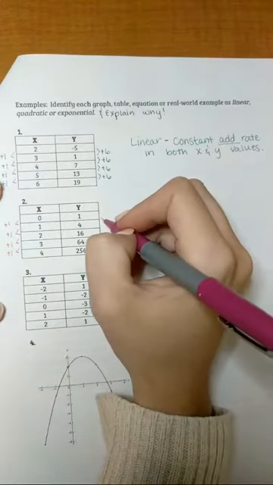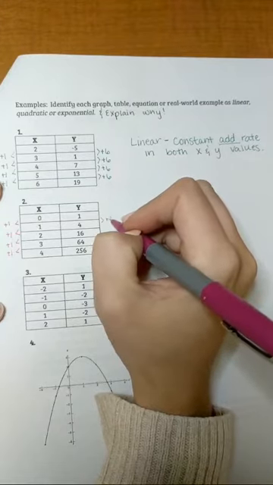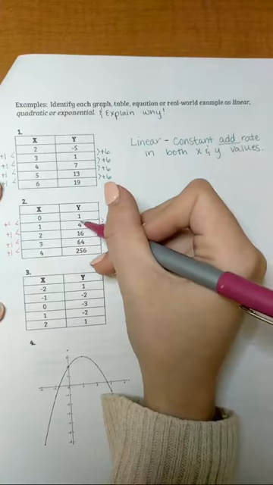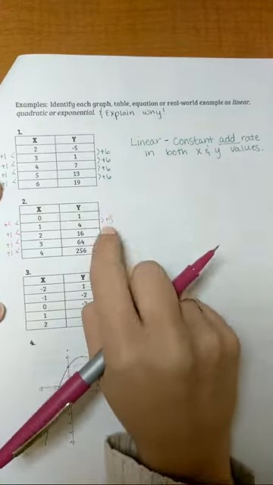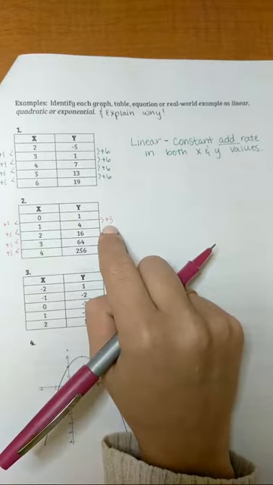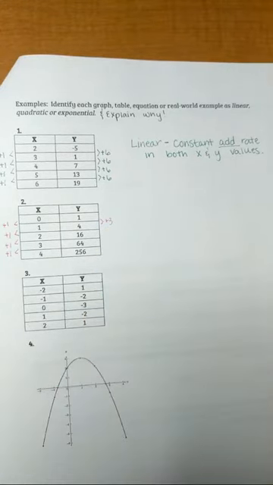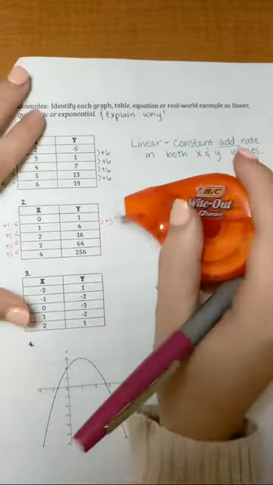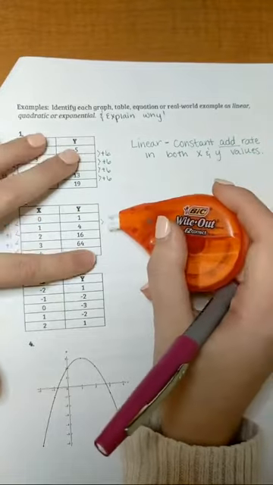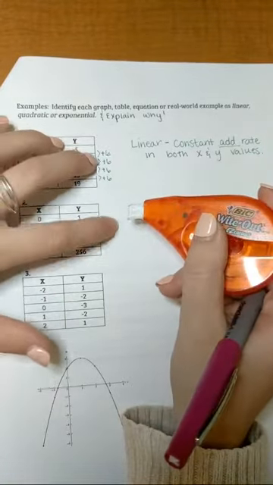So here, I add 3, but then I have to add 12 to get from 4 to 16. So I can already tell you that this is no longer an option of being linear. So we're not going to want this there.